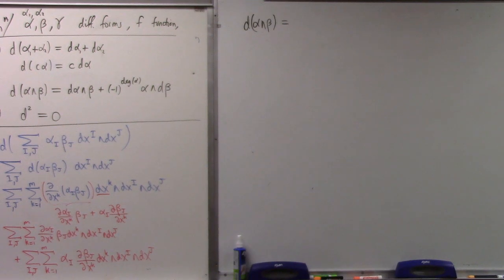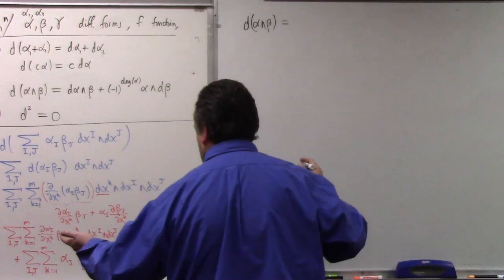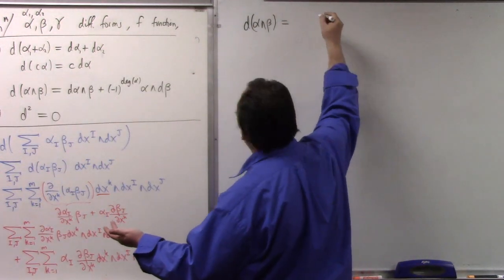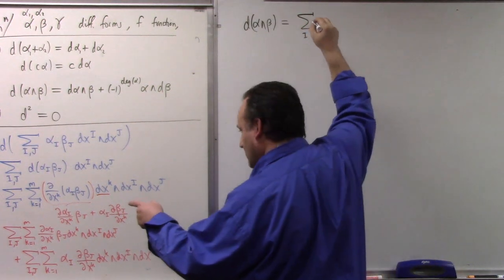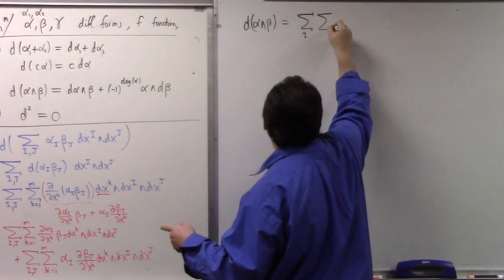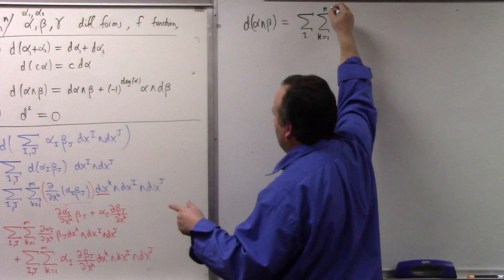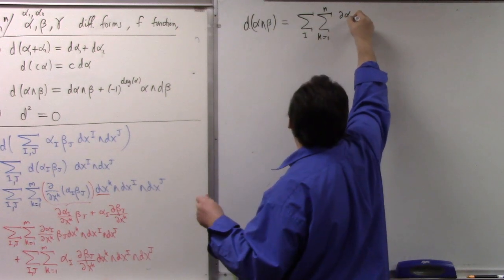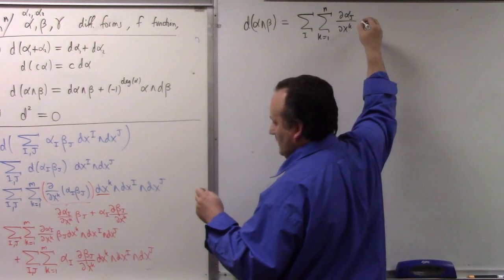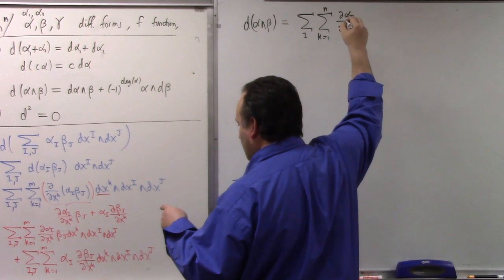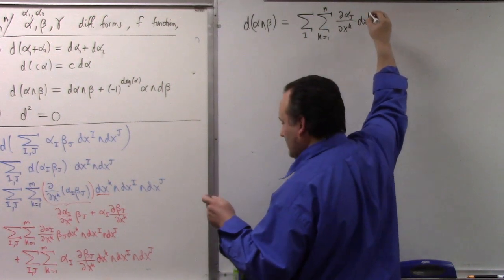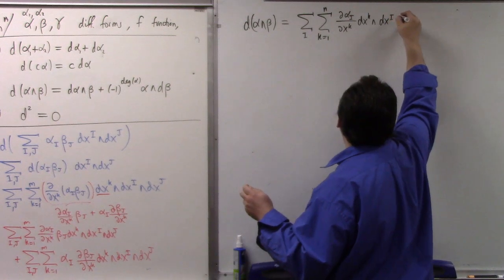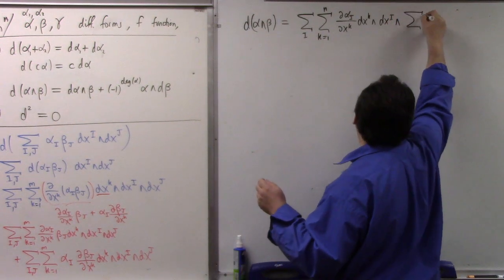Basically, what I want to do is point out that we can just use properties of the finite sum and rewrite that as the sum over i, sum over k equals 1 to m of partial alpha_i, partial x^k, dx^k wedge dx^i, wedge sum over j.